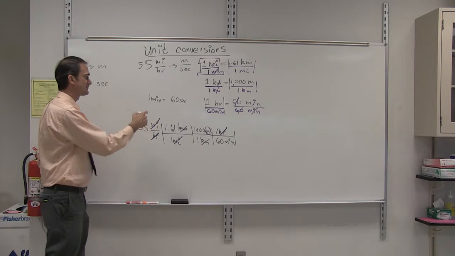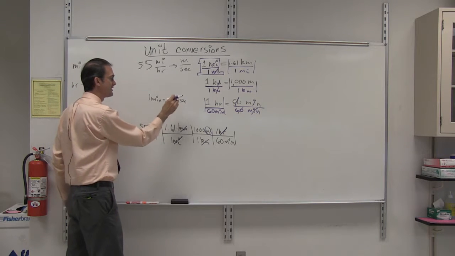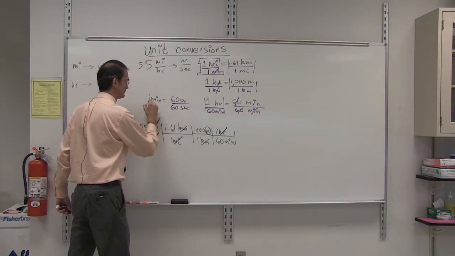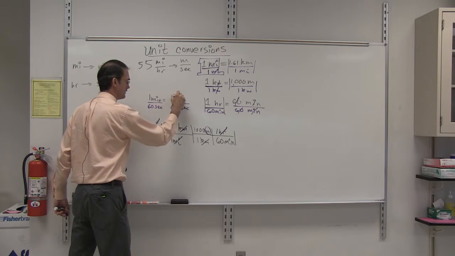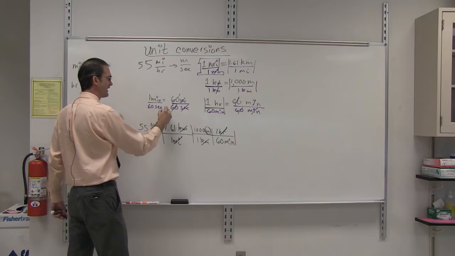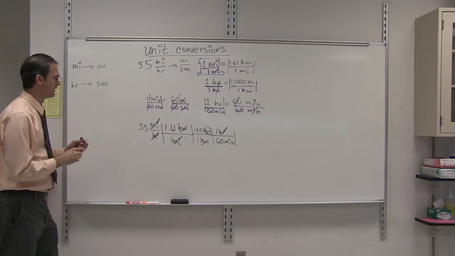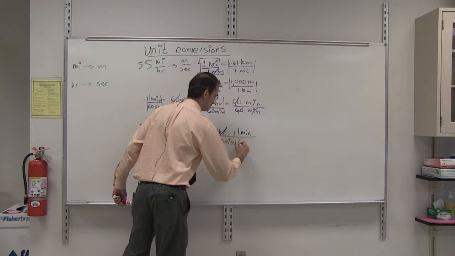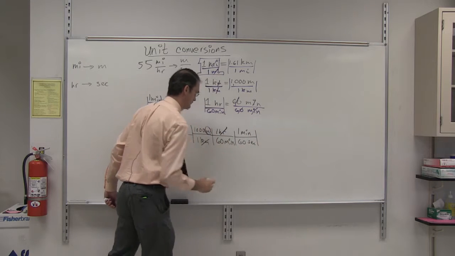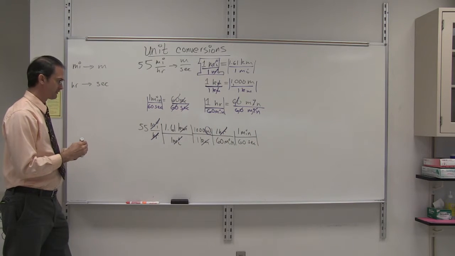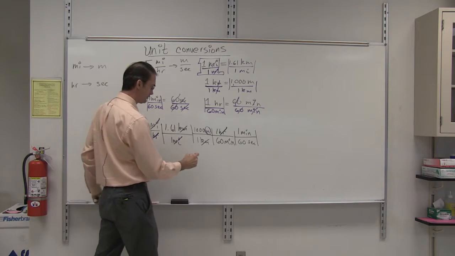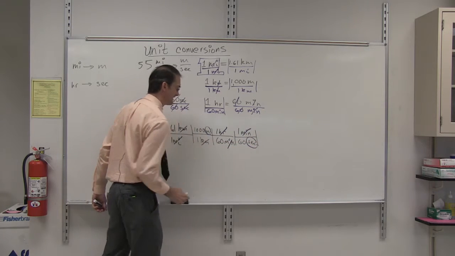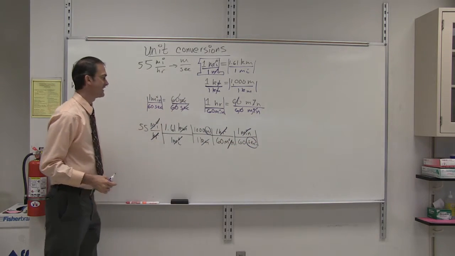To do the canceling, minutes must remain upstairs, so I must divide both sides by the side that has seconds. The 60s cancel, the seconds cancel, and I'm left with this conversion factor. I have 1 minute over 60 seconds. And then my unit conversion by units should be complete. Hours cancel with hours, minutes cancel with minutes, and I'm left with seconds. Minutes over seconds, that is the destination unit that I have.